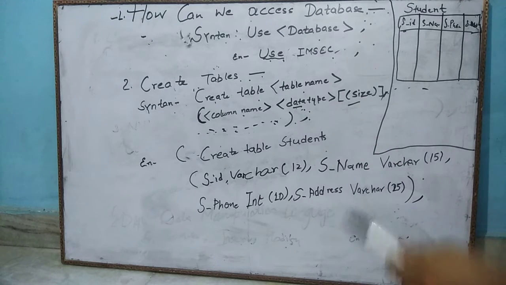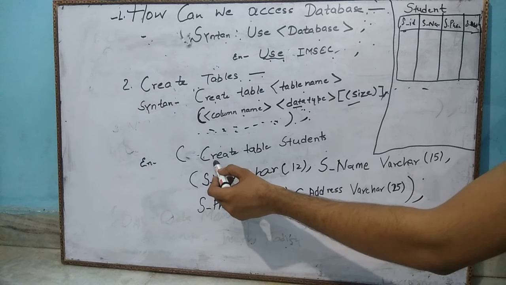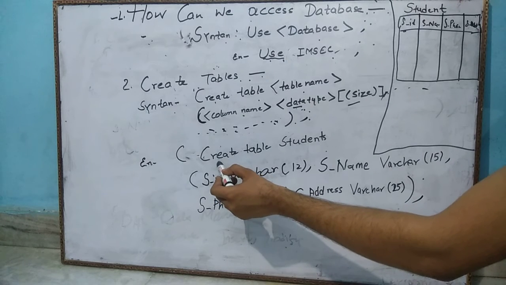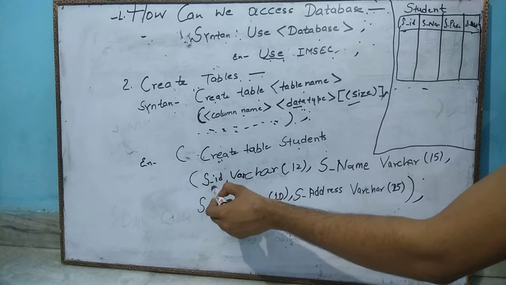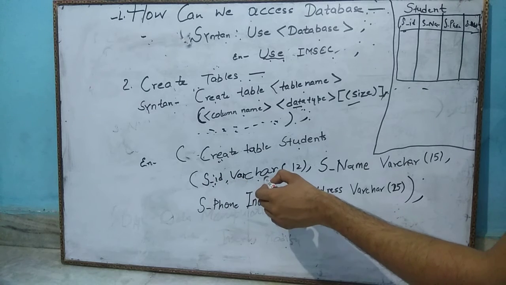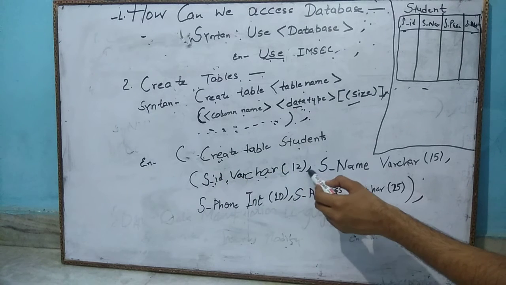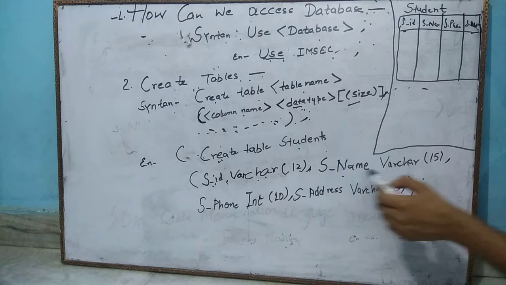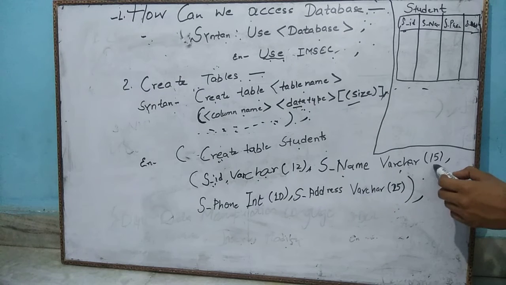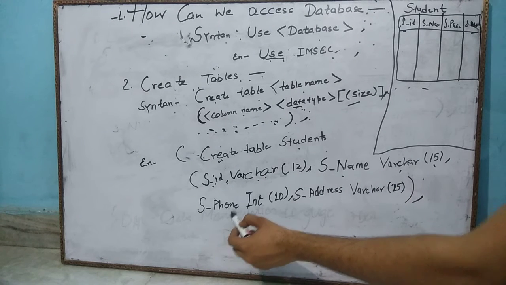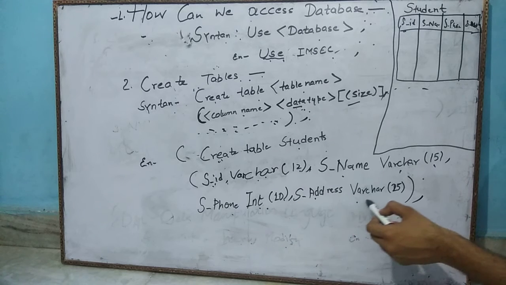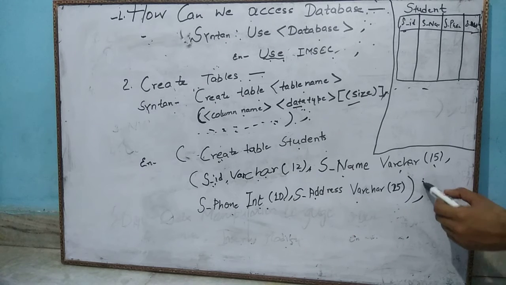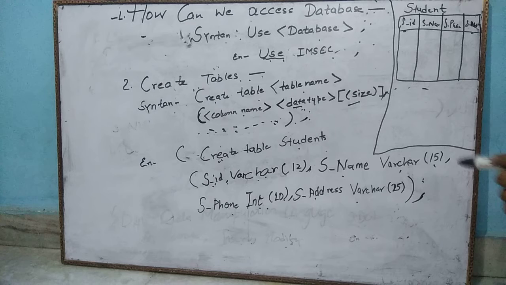For example, if we want to create table student, its syntax is create table student, SID as column name, varchar as data type, size 12, second column name as name, varchar data type, size 15, as phone number, int data type, size 10, as address, varchar 25, terminated with semicolon.